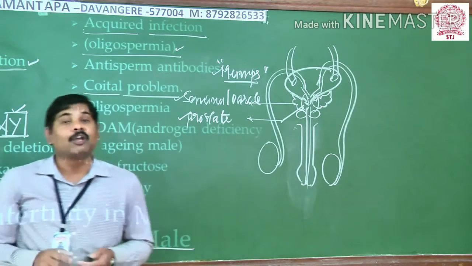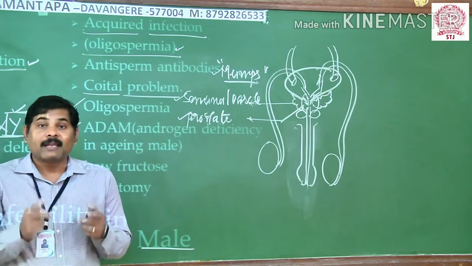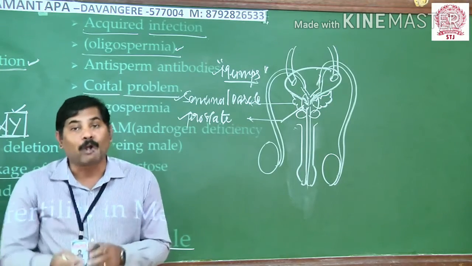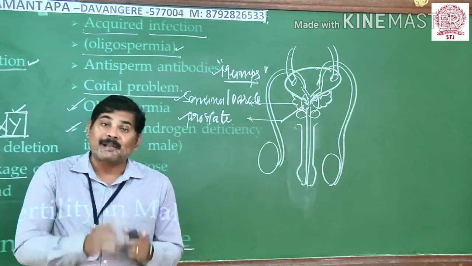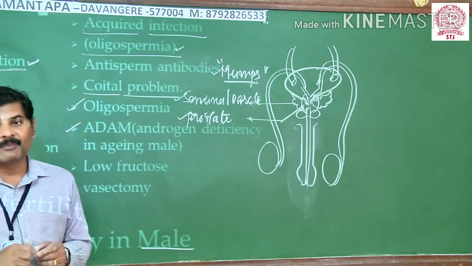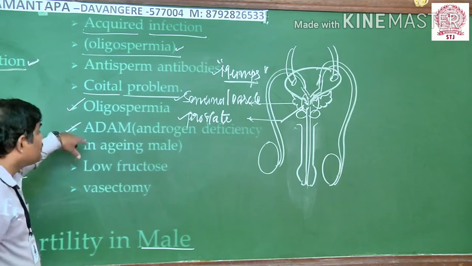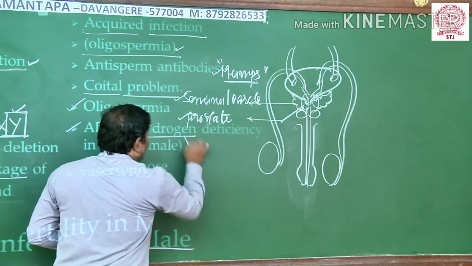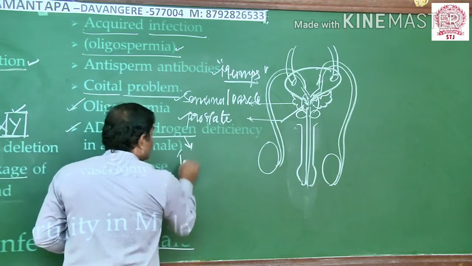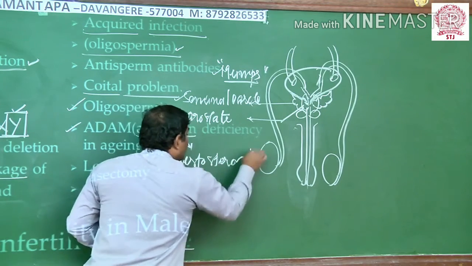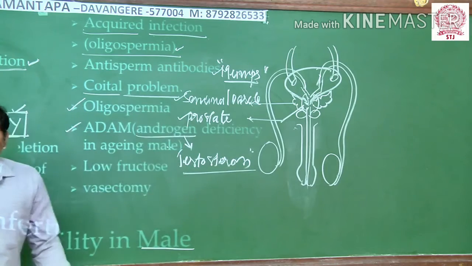I already explained in the human reproductive system that menopause occurs in a female at the age of 45 or between 45 to 50, whereas spermatogenesis is a process in a male that continues throughout life. But when the age is progressing, because of deficiency of male androgens, the male androgen being testosterone, the production of sperm will be obstructed.